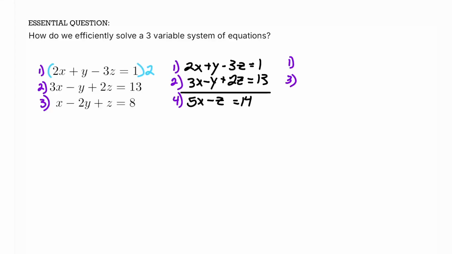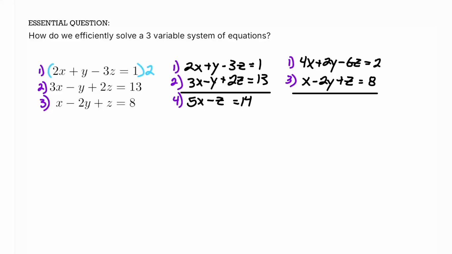So I want to multiply every term in here by 2 in order to cancel out this y value. So that's going to give me 4x plus 2y minus 6z equals 2, and 1x minus 2y plus z equals 8.